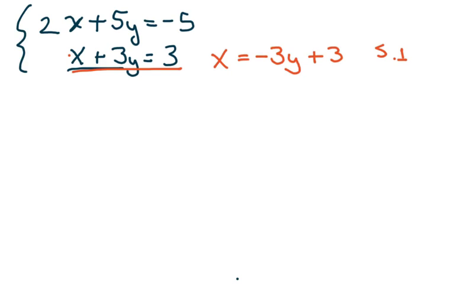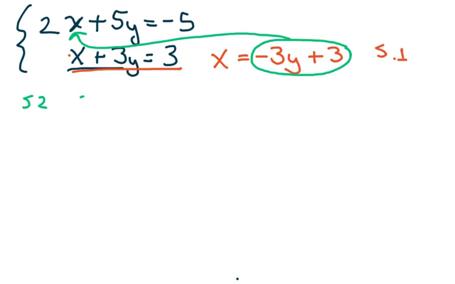Step 2 is I'm going to substitute this x, x equals that, into this x here. So for step 2, I'm going to write this, and everywhere there's an x, I'm going to put in what my x equals, which is negative 3y plus 3. Then I'm going to finish up my equation, and you notice I don't have any x's here, so I'm going to solve for y.